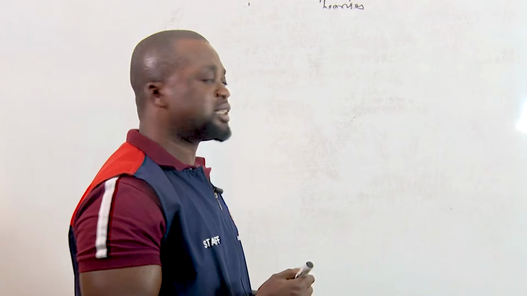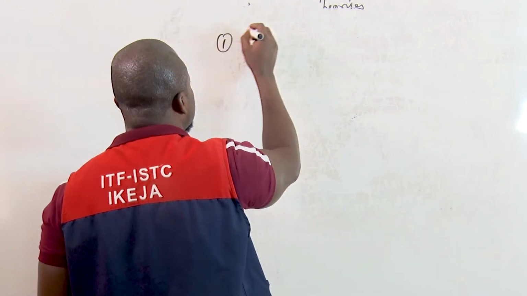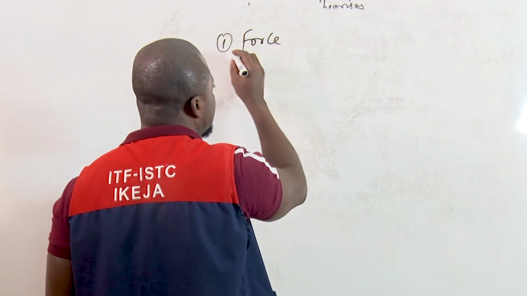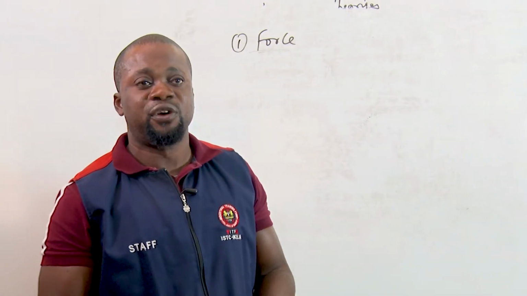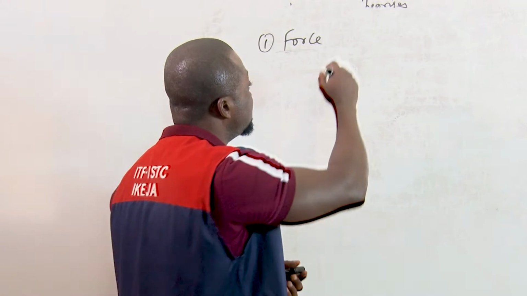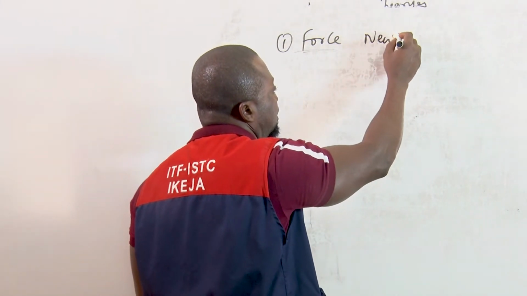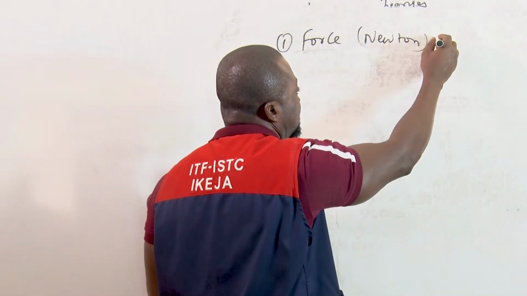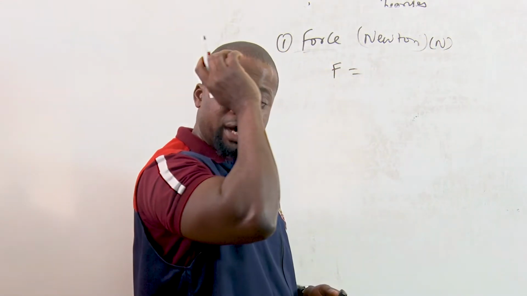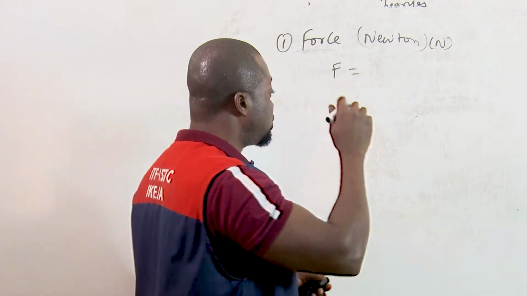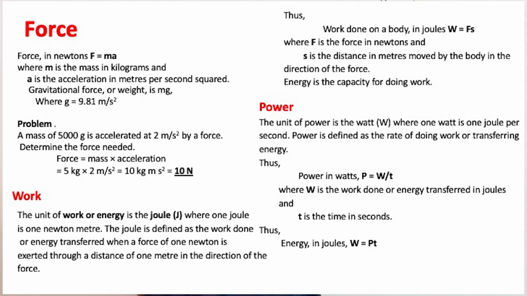So let's look at one: force. Of course, we know this from our basic physics. Force, we said, is measured in what? In Newton. Force is measured in Newton. And force F is equal to what? Mass times acceleration due to gravity.